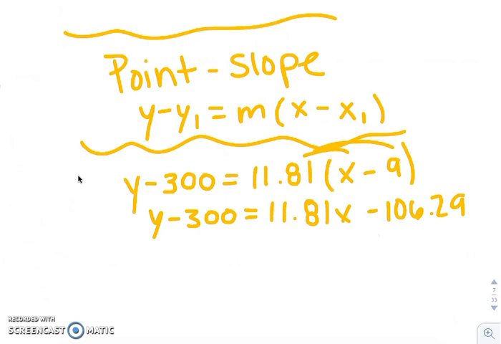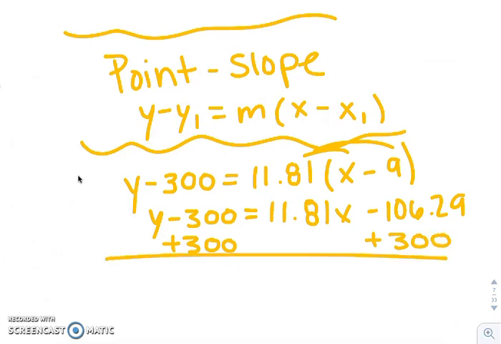And if we're trying to get this into an equation, we want to have it solved for y. So we'll add this 300 over. And then you get y equals 11.81x, and 300 minus 106.29 is 193.71.